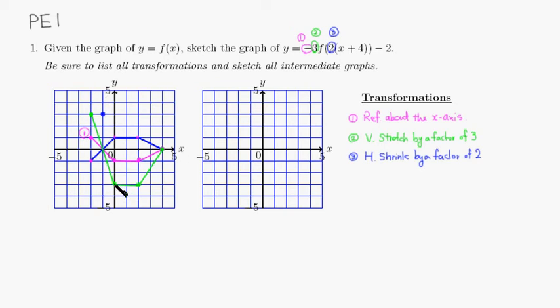Here it's sitting on the y-axis, so the x value is 0 and it does not move. This point has an x value of 2, so it becomes half of that, and it goes here.